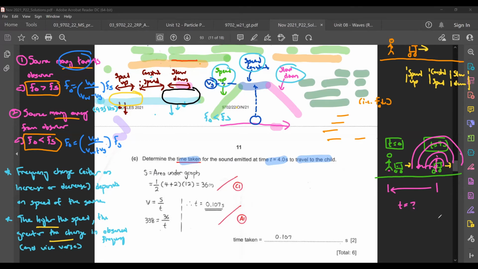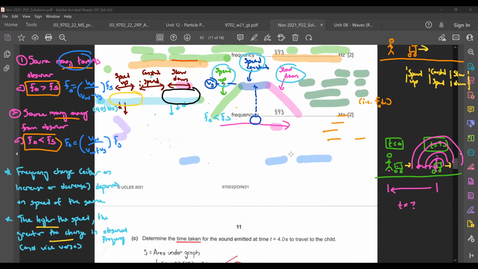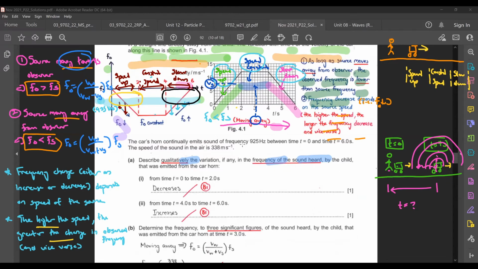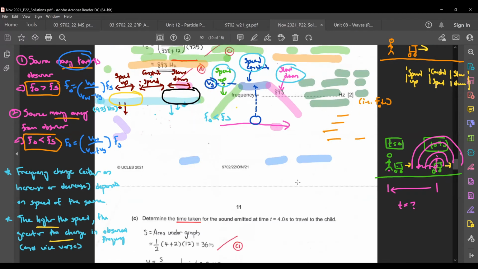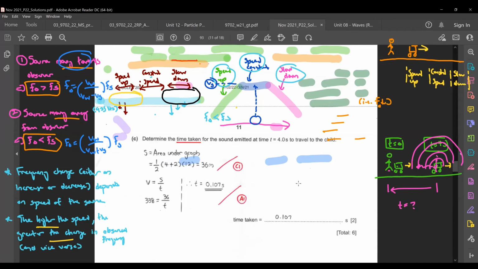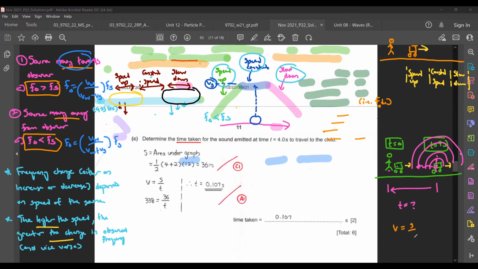Right? So when it concerns time taken and it concerns speed, we know the speed of the sound already as 338. You by now should at the very least have an idea that you're probably going to need to use this equation. V is equal to S over T. We want to find T. We know what is V, but we're still missing the displacement, the distance moved.